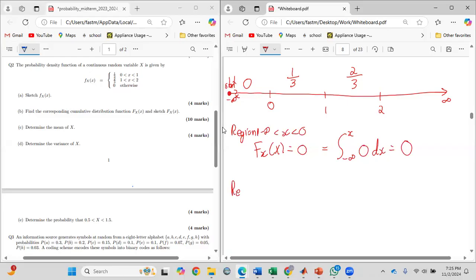Now your second region. Let's say x is somewhere between 0 and 1, so x is less than 1 and more than 0. That is region 2.